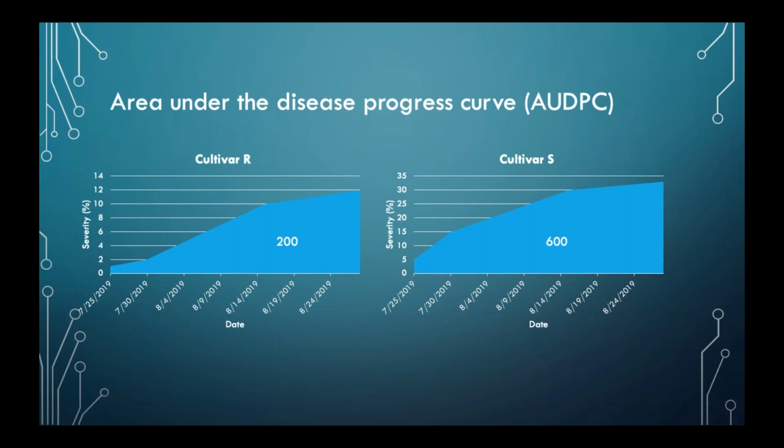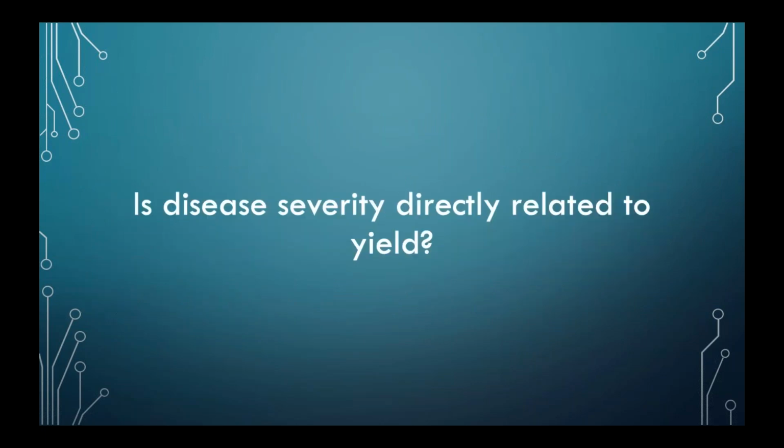It will be associated with a higher yield loss, or S is more susceptible, which it certainly appears to be. But this is not the best. So why is that? It's because disease severity is not directly related to yield.